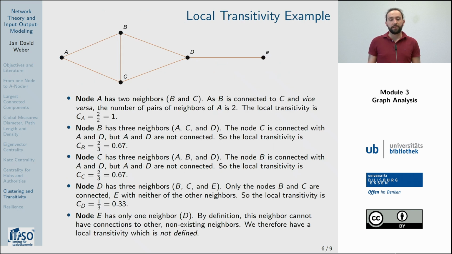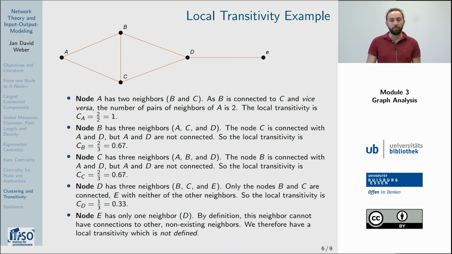So if we look at this graph here, you see that node A to the far left has two neighbors, B and C. And B is connected to C, and because we're undirected, vice versa. So the number of pairs of neighbors of A is 2, and the local transitivity is 1, because of those two neighbors that A has, both of them are friends with each other.